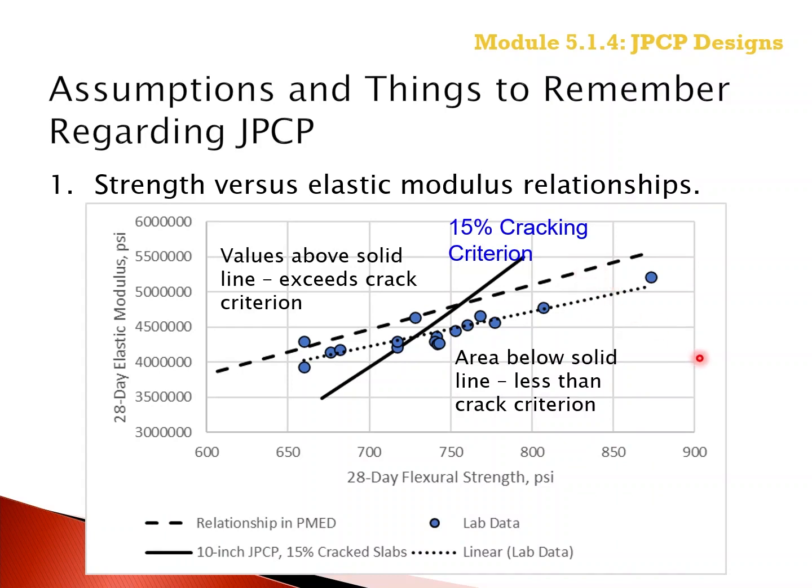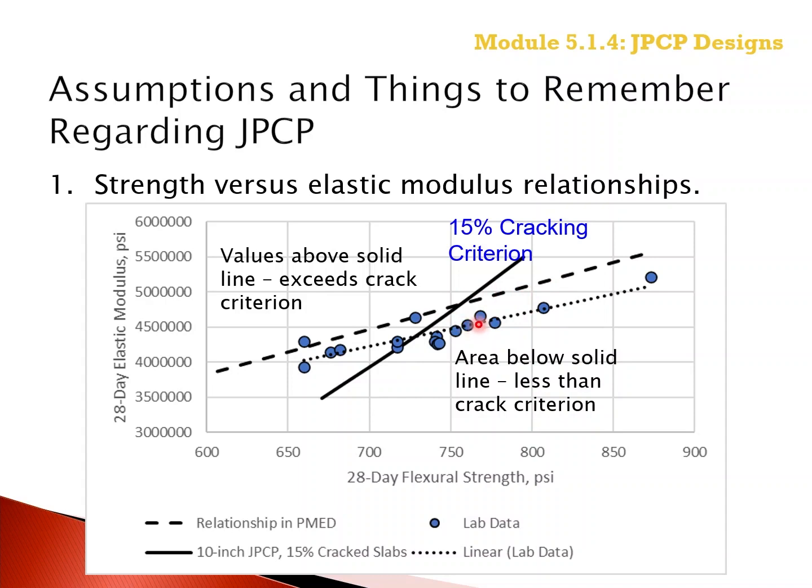So it's important to recognize that the regression equation in the PMED software exhibits the relationship displayed in the graph by the longer dashed line for calculating elastic modulus from the flexural strength, in comparison to the laboratory measured data.